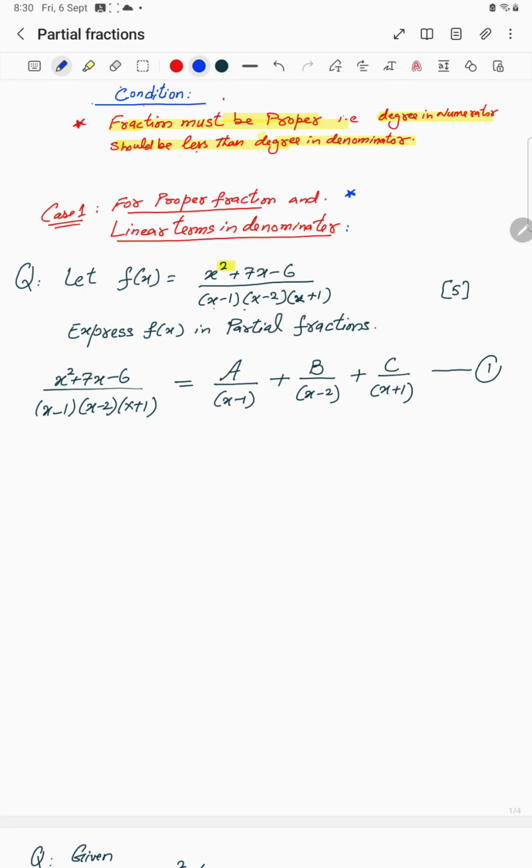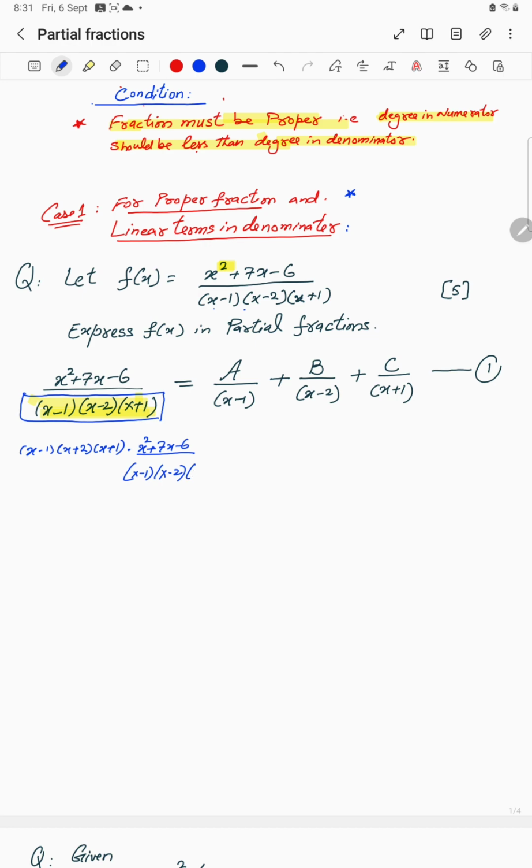And how do we find the values of A, B, C? You need to multiply by whatever is in the denominator of the given fraction. We multiply each term on both sides of equation 1 by x minus 1, x minus 2 and x plus 1. So we multiply x minus 1, x minus 2, x plus 1 with x square plus 7x minus 6 divided by this.